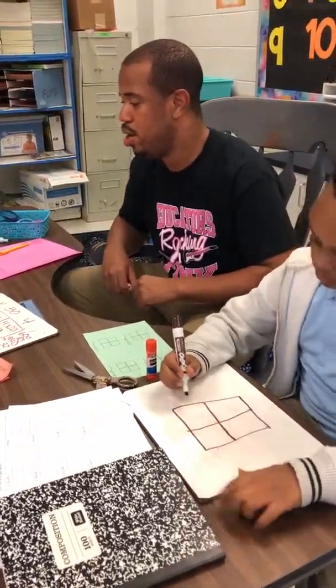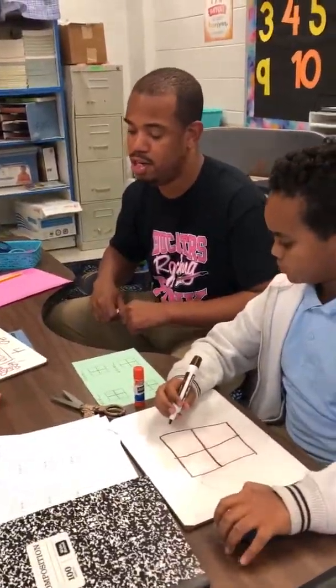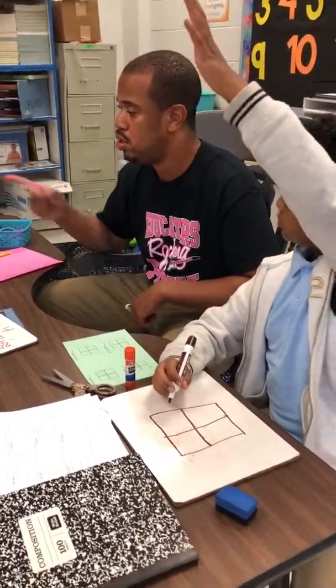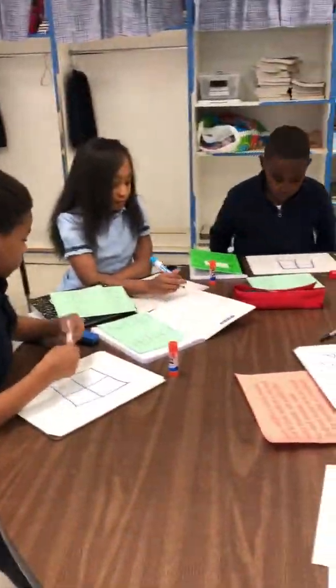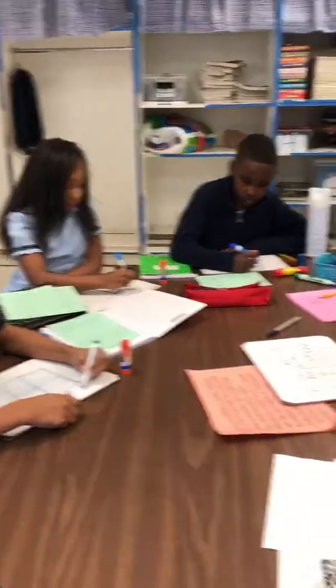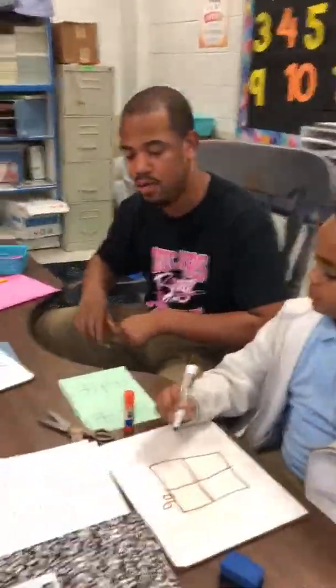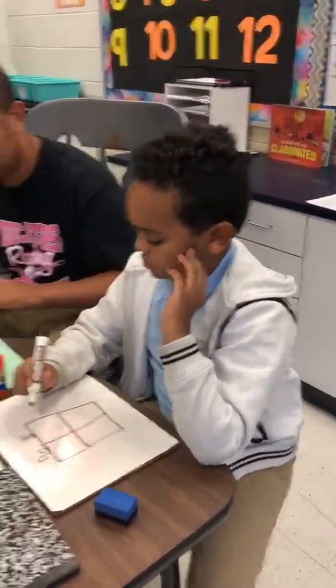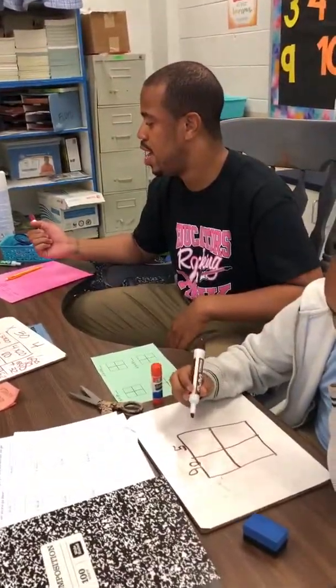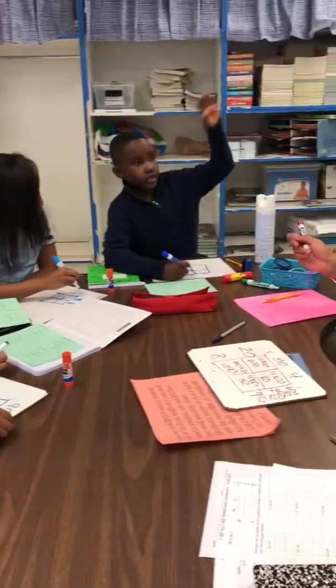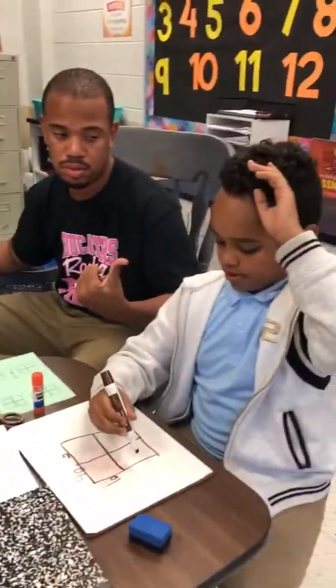All right, what number is going to go above the first box? 90, because that's what the 9 is worth in 95. And what's going to go in the other box? 5. And what about the ones on the side? 10. 10. And 1. 10 and 1.